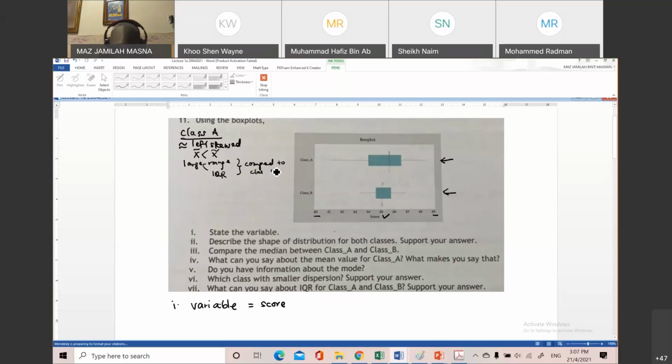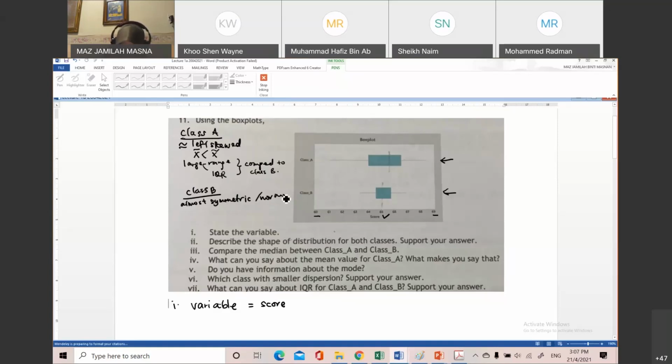Class B. The same goes for class B. What about the distribution of your class B? Is it skewed? Is it almost symmetric? Based on the whiskers, almost symmetric. Yes, for class B, almost symmetric or normal.